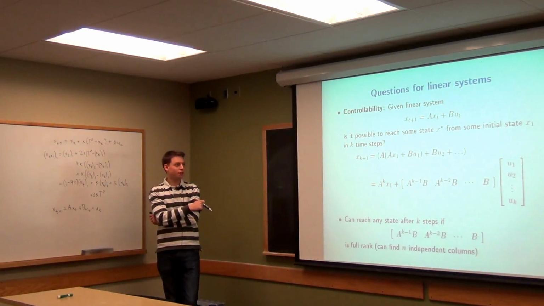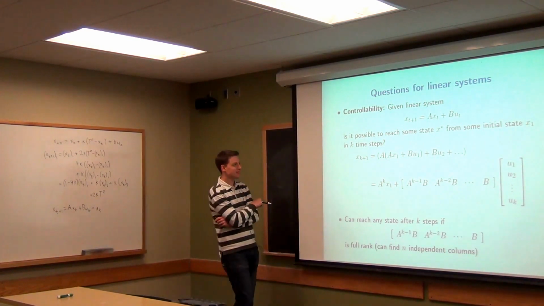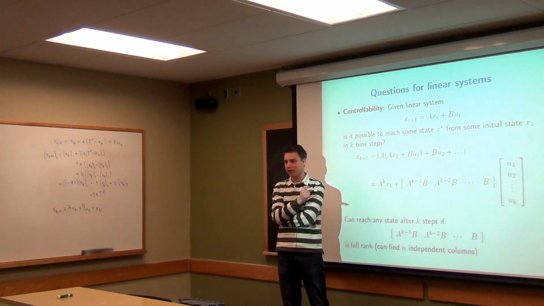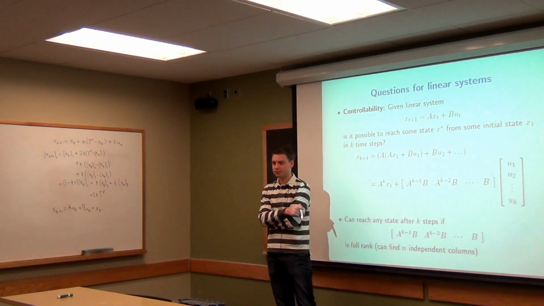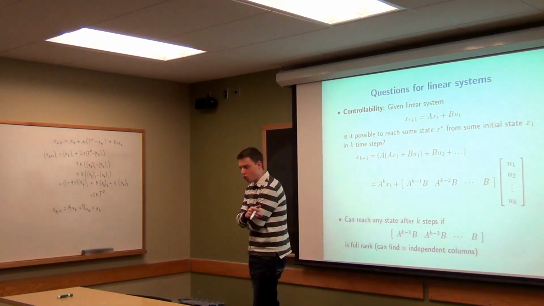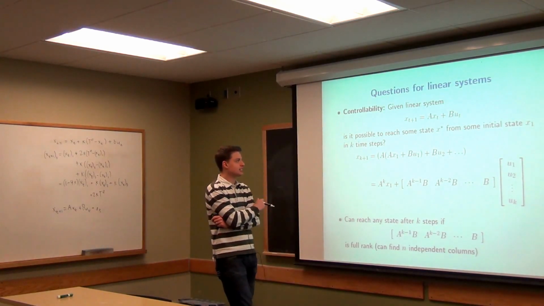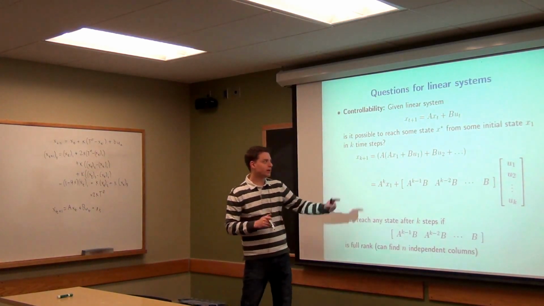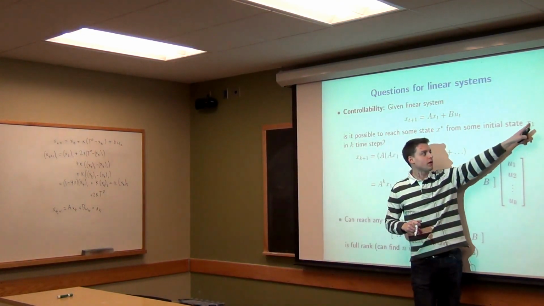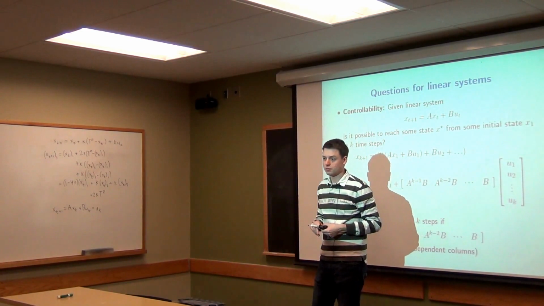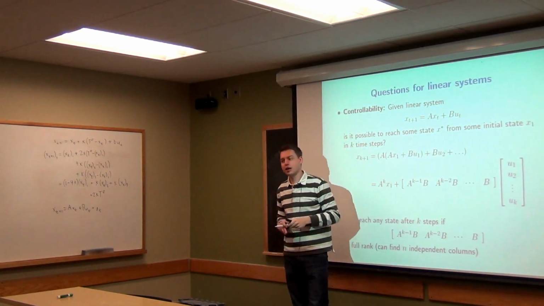And this is just the formalism of the question that I asked before on the preceding slide. The question it's asking is, suppose I start in some initial state x1, and I want to get to some other state x star, say in k time steps.